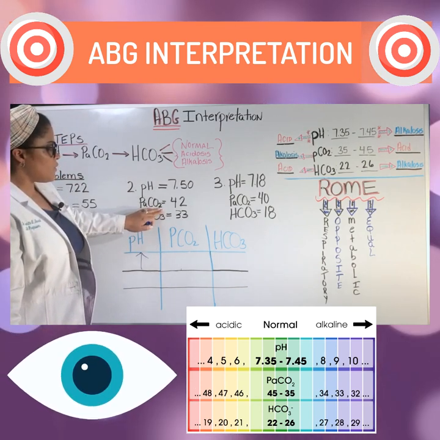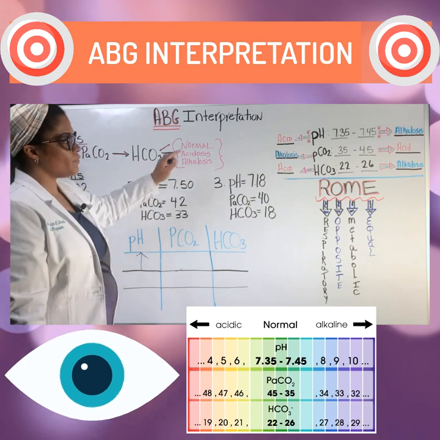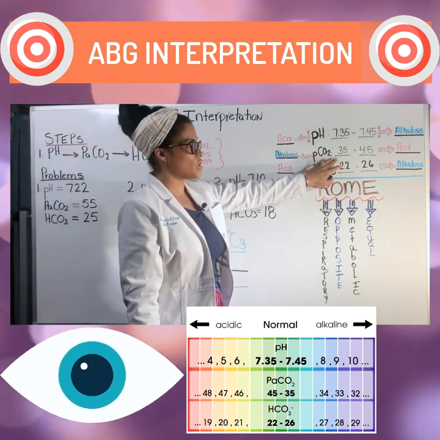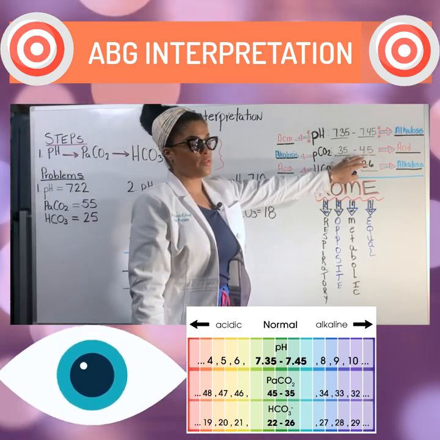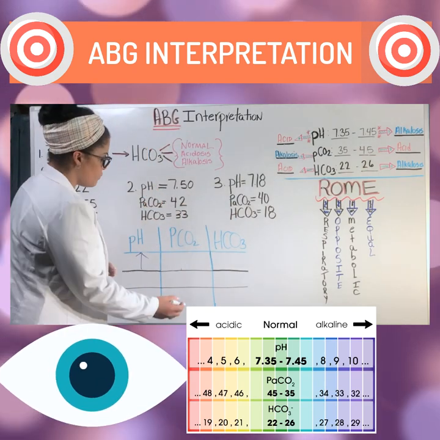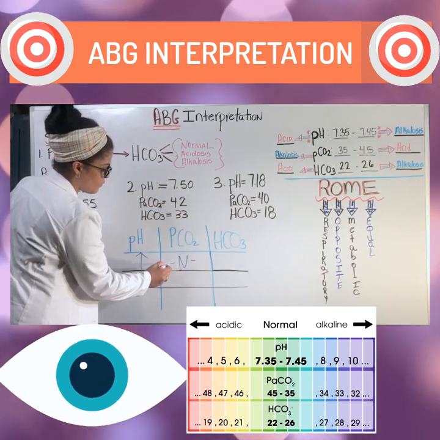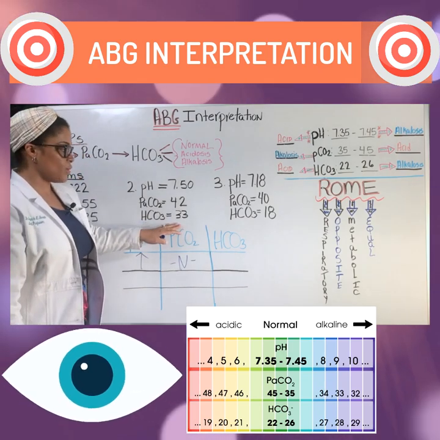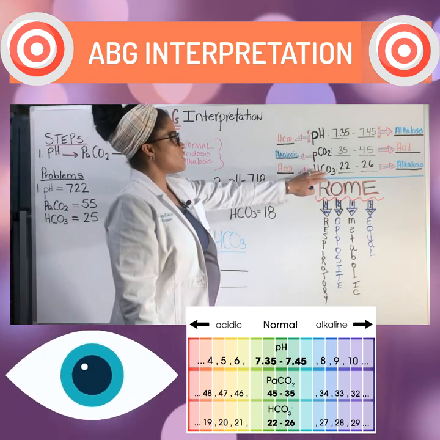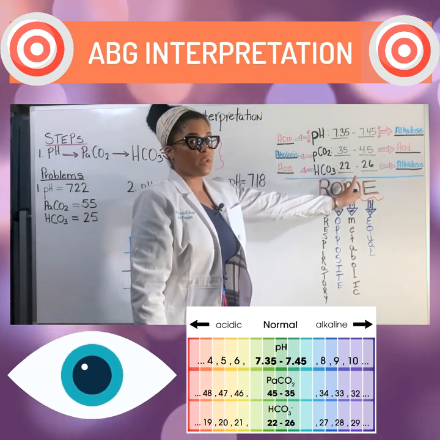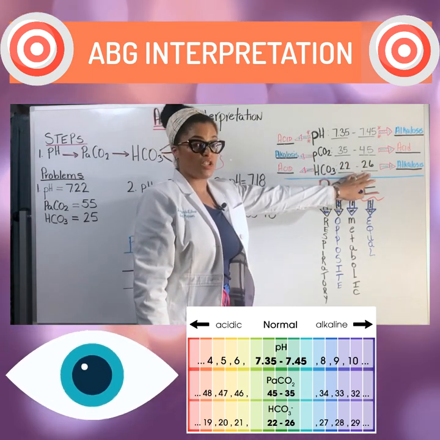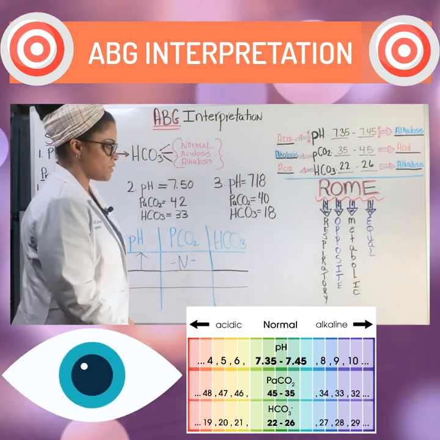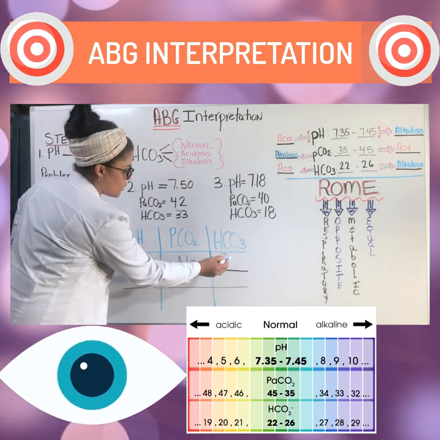The CO2 level in this example is 42. As you see from the normal range, it goes from 35 to 45, so it is normal. Then we look at the bicarb. The bicarb in this example is 33. The normal bicarb is 22 to 26, so it is above the maximum range it should be, which is alkalosis. So we put the arrow up.